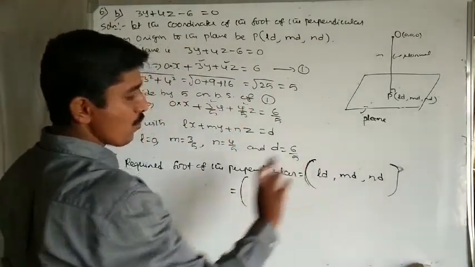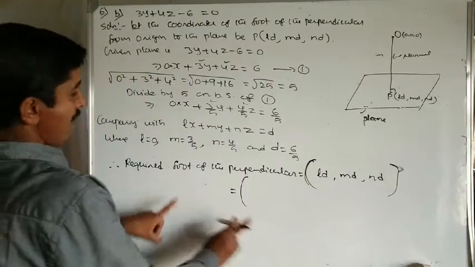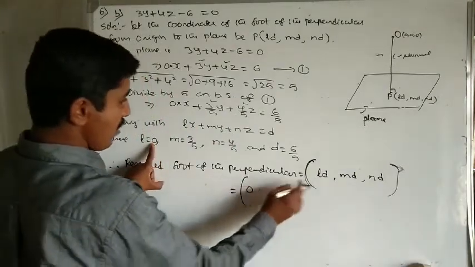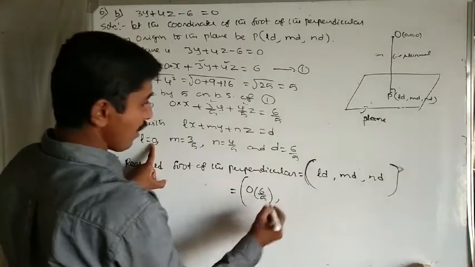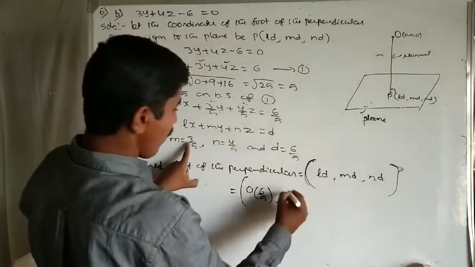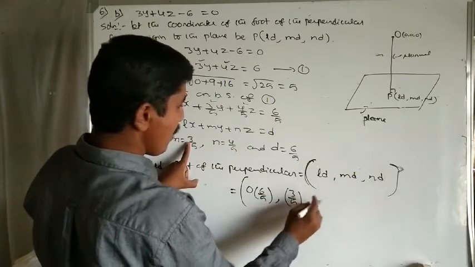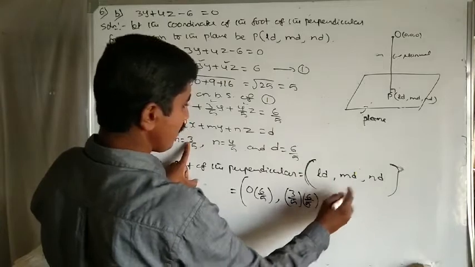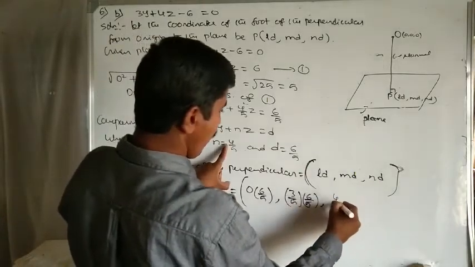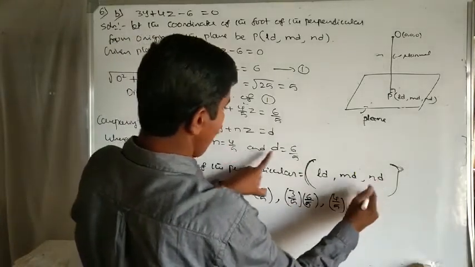Substitute these values of L, M and D. L is equal to 0, 0 into D value 6 by 5. M is equal to 3 by 5 into D value 6 by 5. N is equal to 4 by 5 into D value 6 by 5.